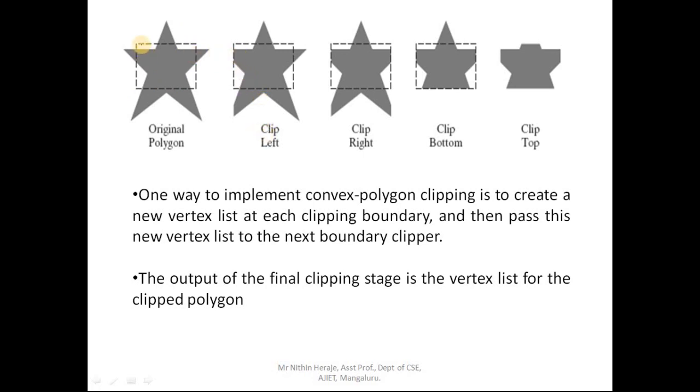Left clipping means you take the extension of the left side of the window, and this is how it looks. The parts to be clipped are this portion, and along with that you also have to clip this portion.